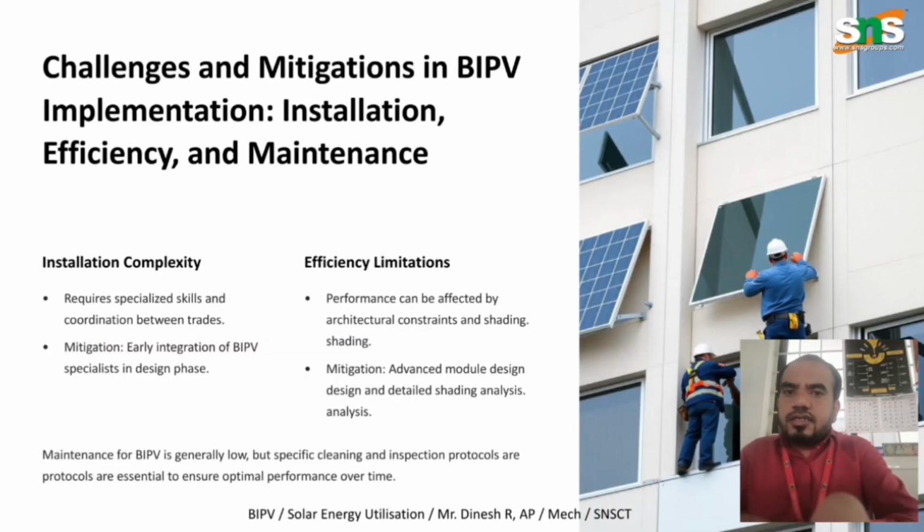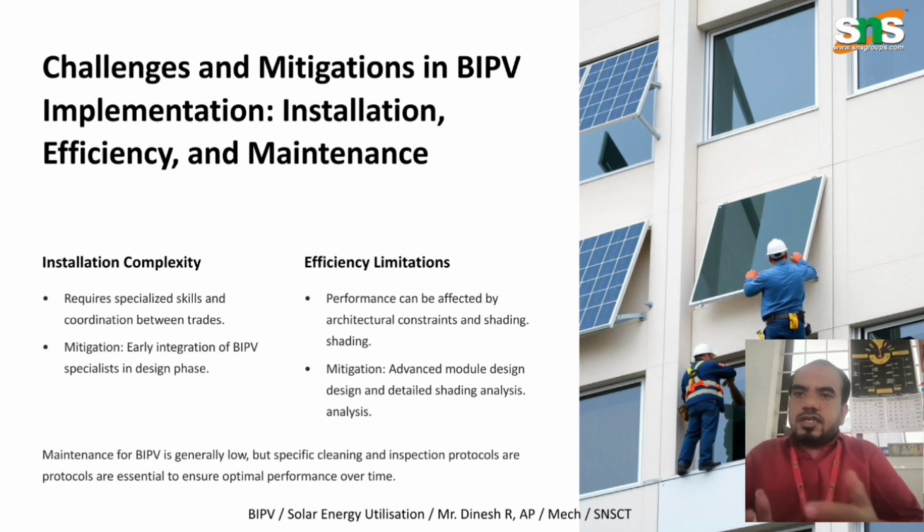What are the challenges in implementing BIPV? It is a very important topic when it comes to BIPV. The first one is installation complexity. It requires specialized skill and coordination between trades.